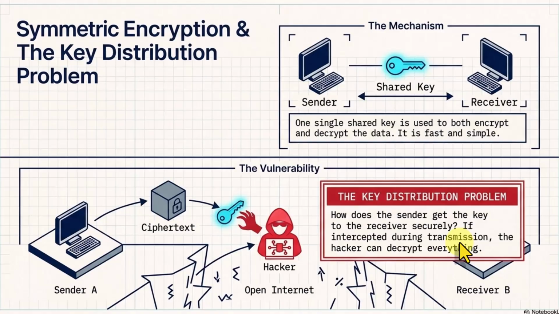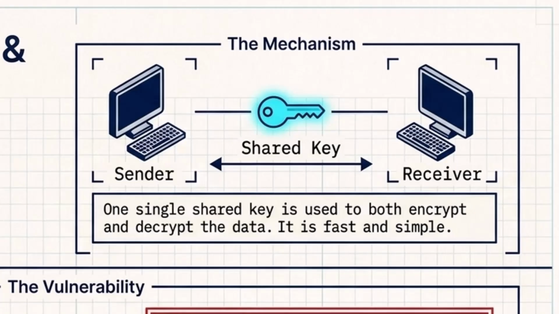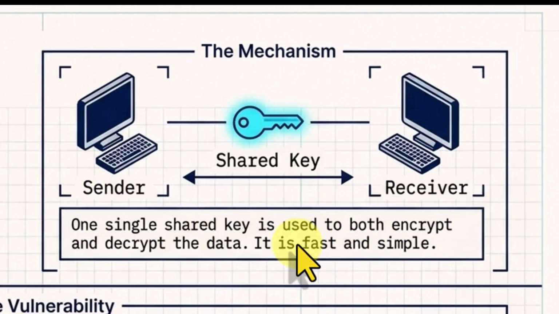In symmetric encryption, the sender and receiver both have a shared key. You use the same key to encrypt the data and the same key to decrypt the data. So it is fast and simple.